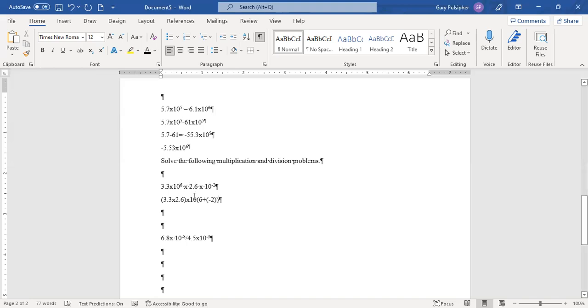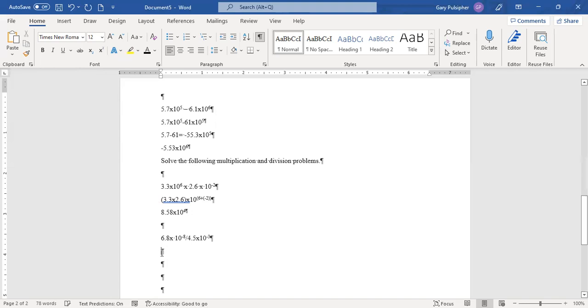I'm sorry, that's the exponent. So 3.3 times 2.6 is 8.58 times 10 to the exponent. So 6 plus a minus 2 is 4, so 10 to the 4th.